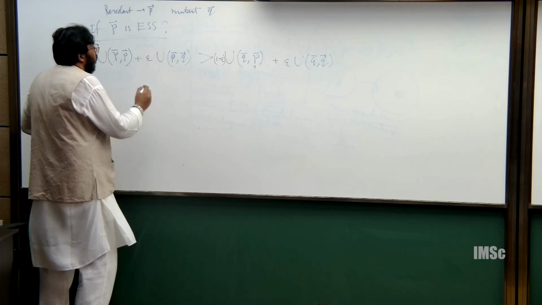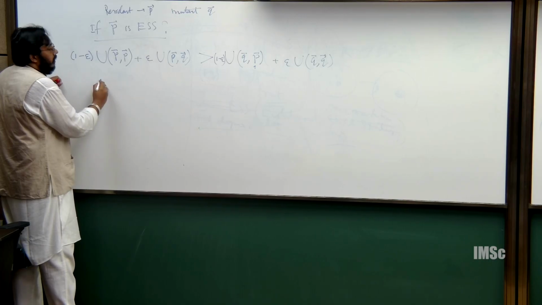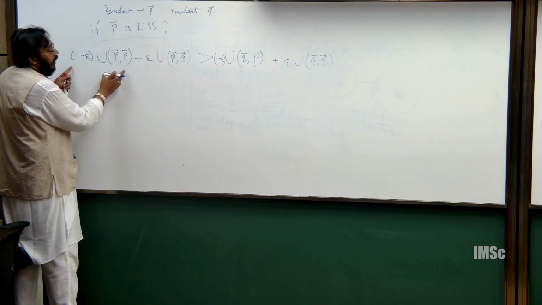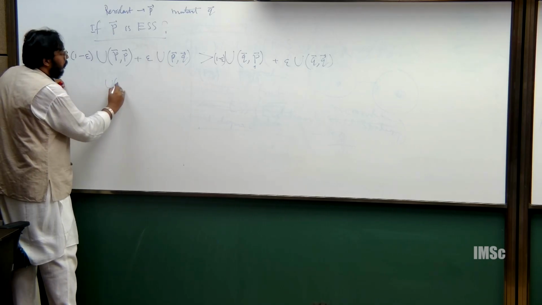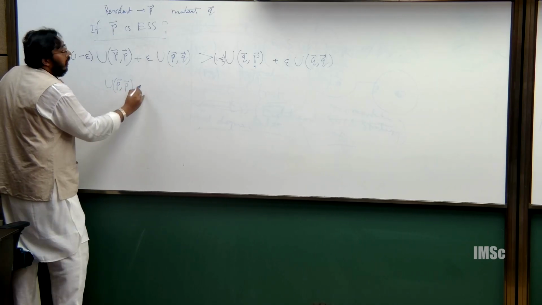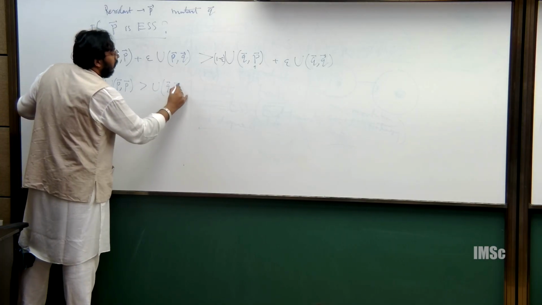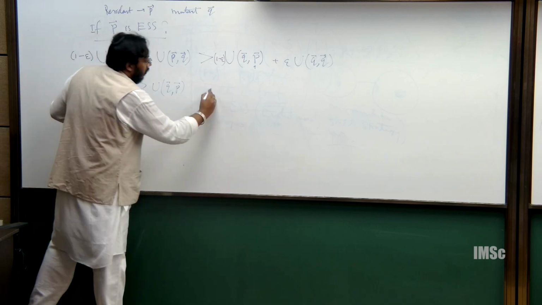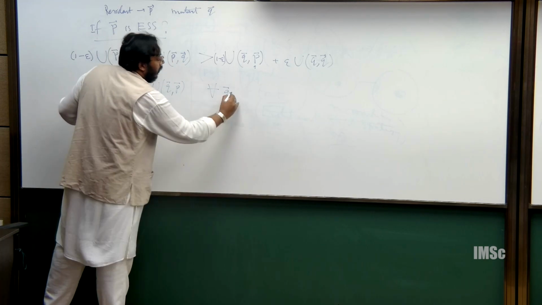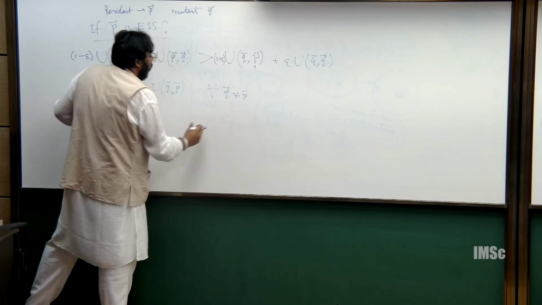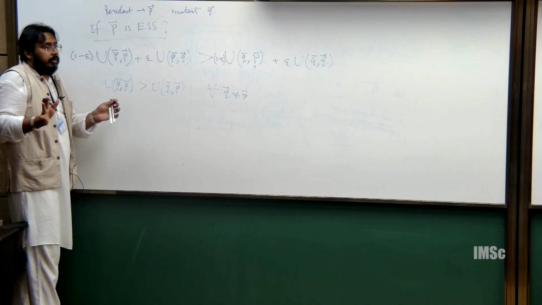So if that is the case, ESS, this has to happen. So what is the ESS definition then? You are going to have the dominant contribution coming from 1. So for ESS, you have U P P greater than U Q P, if this happens for all Q not equal to P. So it should happen for all possible mutants, okay?